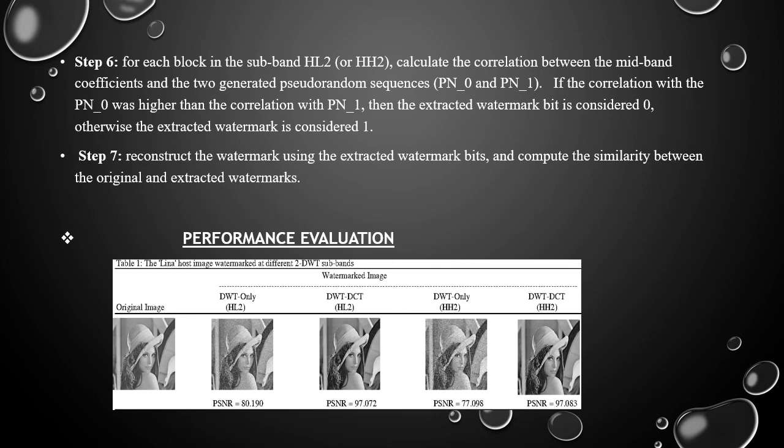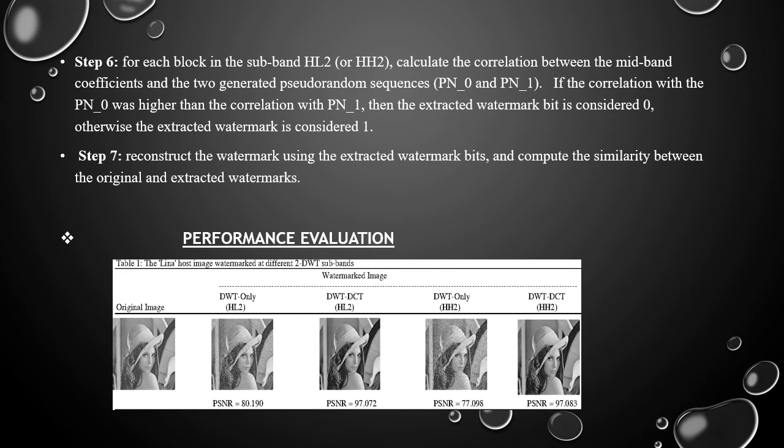Now we can move to the performance of the combined DWT-DCT algorithm. This is an image of that. From this image we can see the performance. This is our original image. This is the DWT applied image.